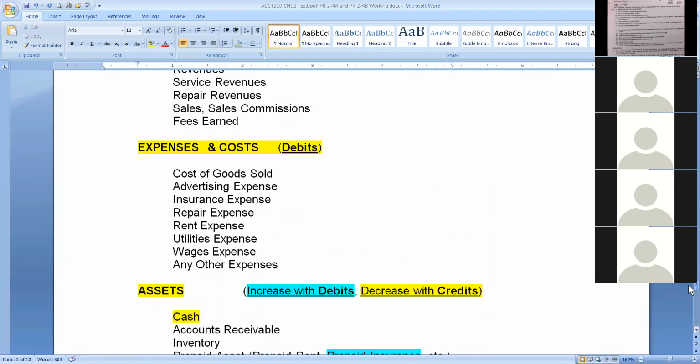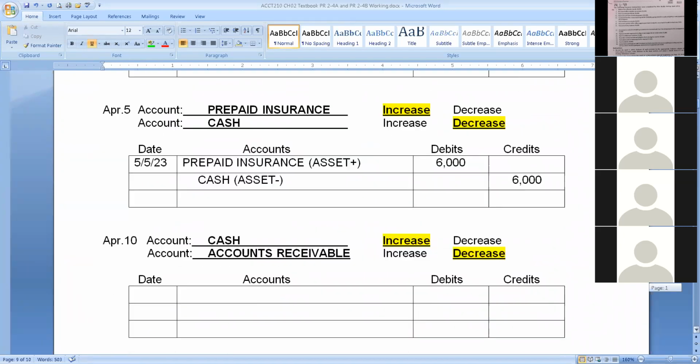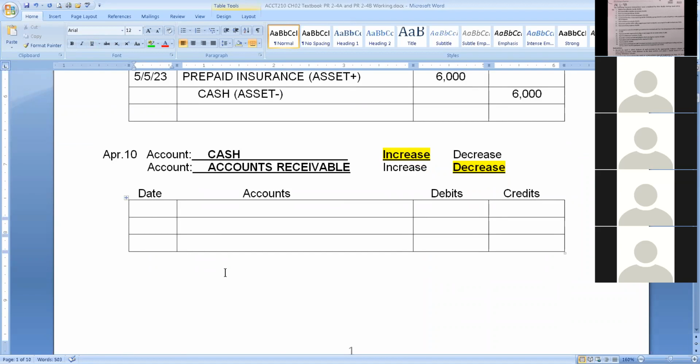And by now you're probably kind of getting used to this. Cash increase, debit, and accounts receivable will decrease with a credit. Okay.